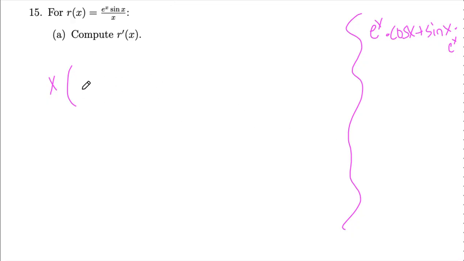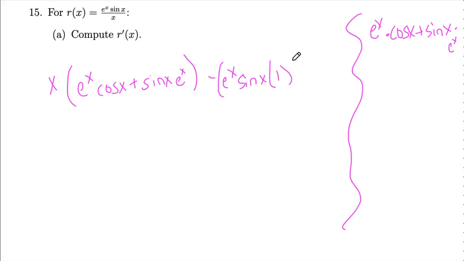So we're going to get e to the x cosine x plus sine x times e to the x. All right, so we just did low D high minus high times the derivative of the denominator, which is just 1. And I should put parentheses there like so. And then this is all going to be over low squared, or just x squared.